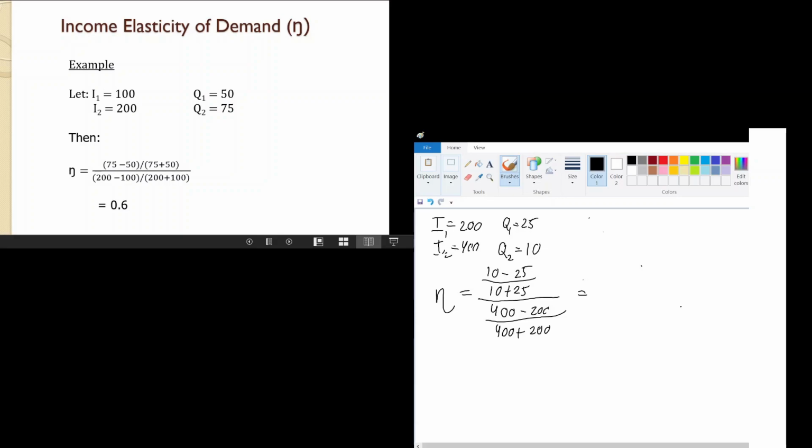So, minus plus minus plus. So, we have negative 15 over 35 all over 200 over 600. So, it will give us negative 1.29.